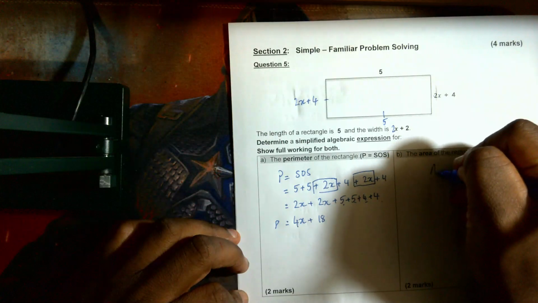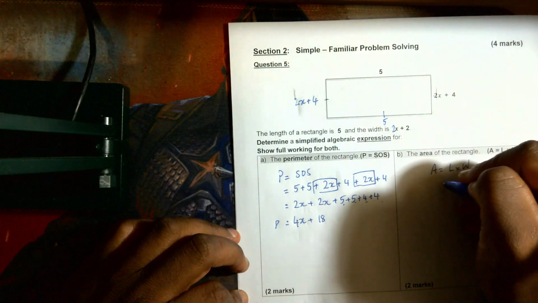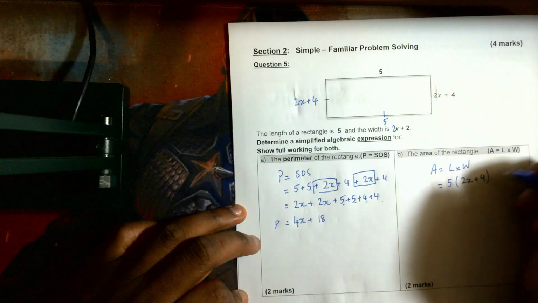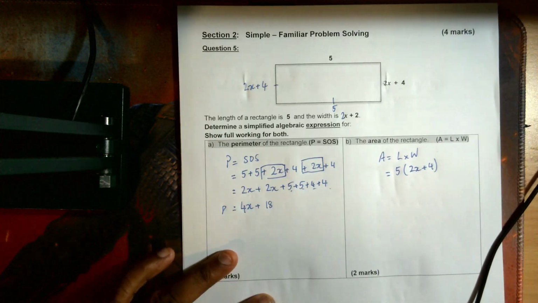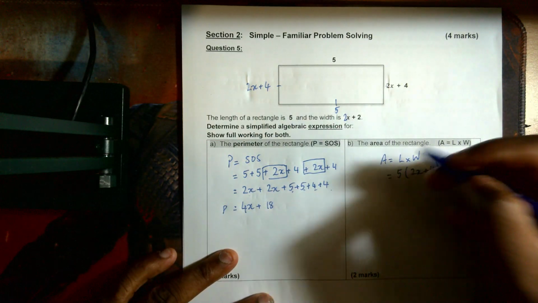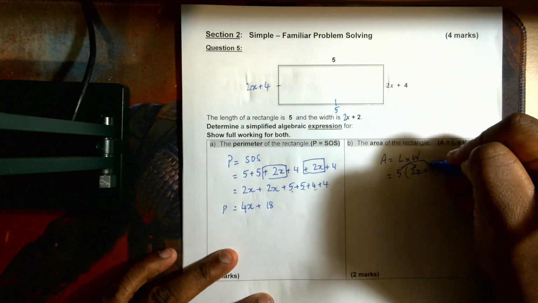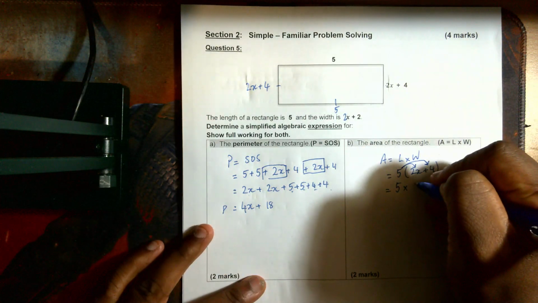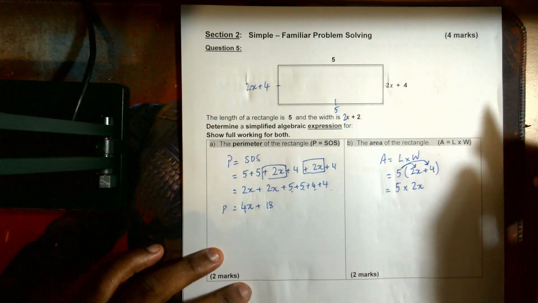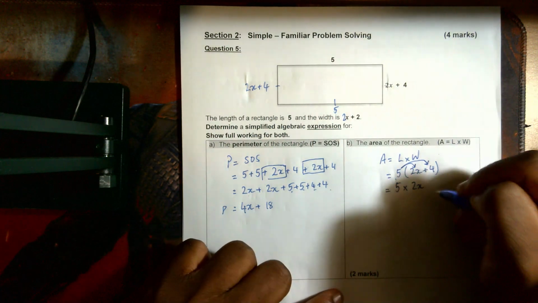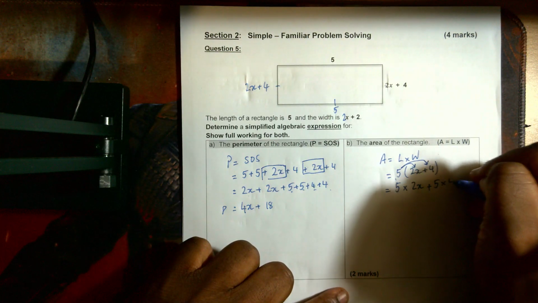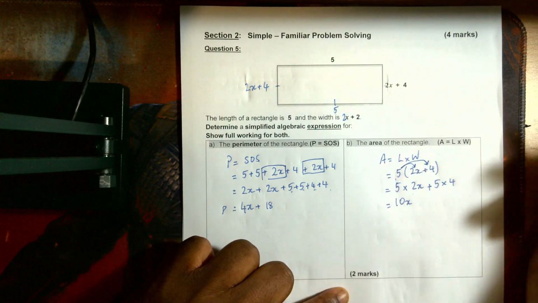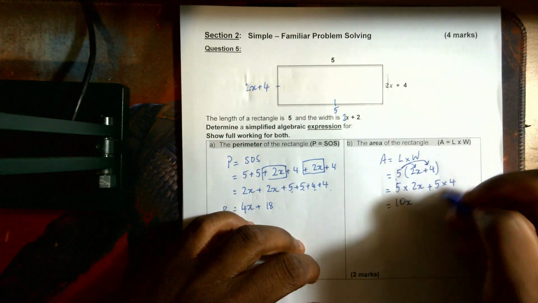The area we know is length times width. Length is 5 times the width, 2x plus 4. Now this is the distributive law, so we're going to multiply 5 by both of these terms. Again, I'm just going to lay out my working out. So we're doing 5 times 2x, positive times positive, that's positive, equals 10x.